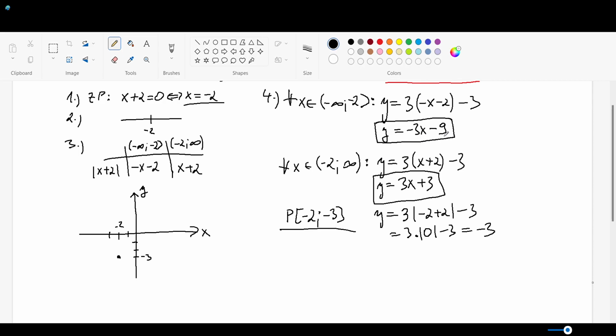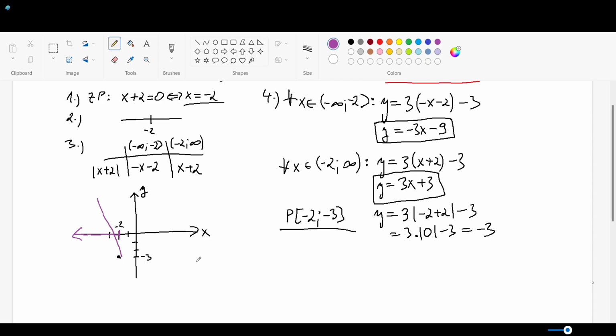Okay, so we already know that this is a linear function, and as the parameter in front of x is -3, it means that we will be sketching the graph for all x's from -2 to the left side, and the function will be decreasing because there is -3 as the argument in front of x.